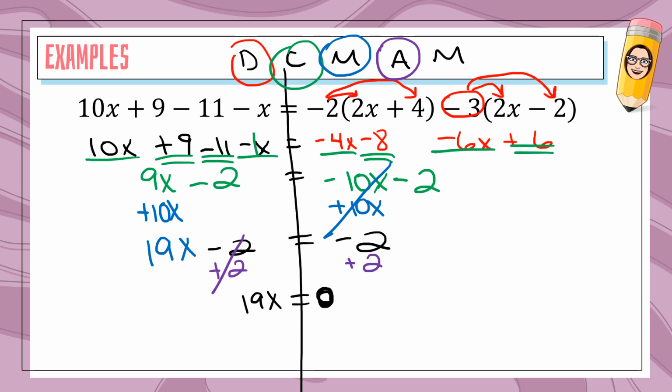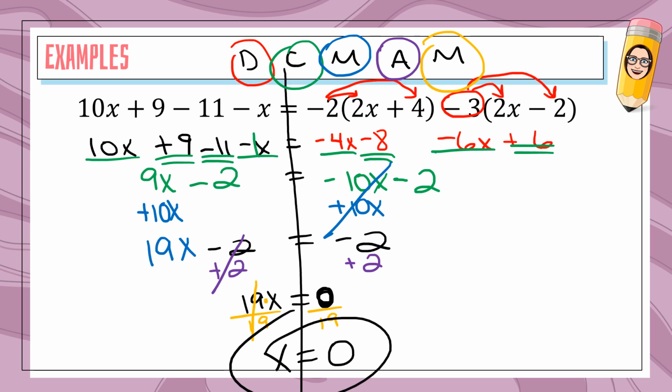Keep going. Last step. Undo any multiplication or division. Instead of times 19, divide 19. 0 divided by anything is 0. Okay, that's an okay answer. You're not wrong. You still have a letter. Keep going.